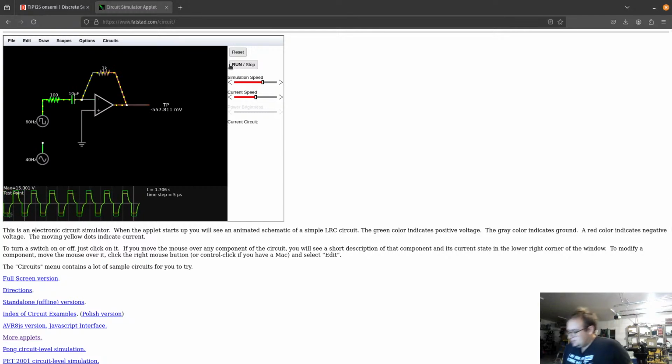I think... What is my next circuit I'm going to look at? If anybody has a circuit that they would like to look at, I'm taking suggestions as well. I'm at 2.43.